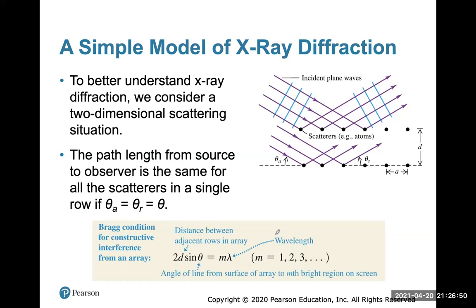There's a bajillion of them. So we want to make sure that the path difference for all of them is the same. Otherwise, they're all going to be different, and we're not going to get anything regular out of it. In order to make sure that we have something reliable, we should ensure that all the angles are the same, that we're talking about a specular reflection sort of situation.